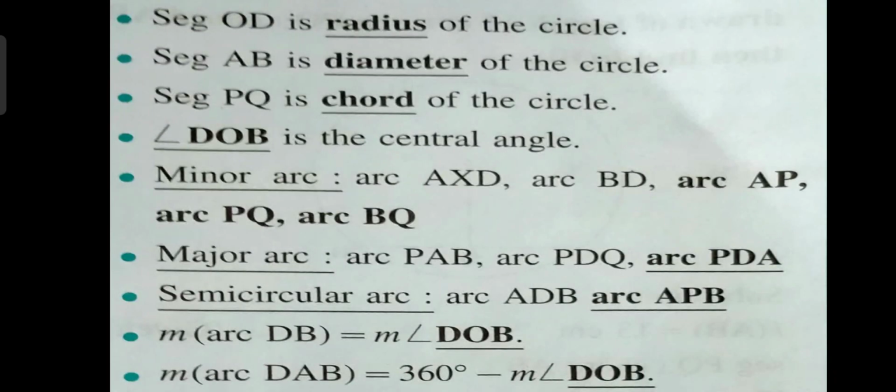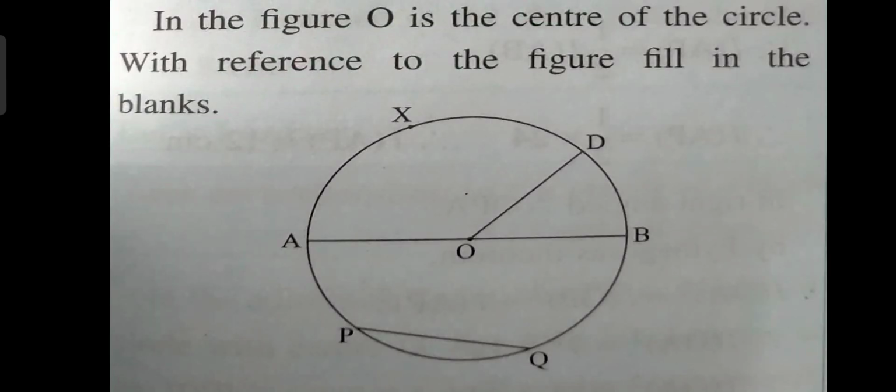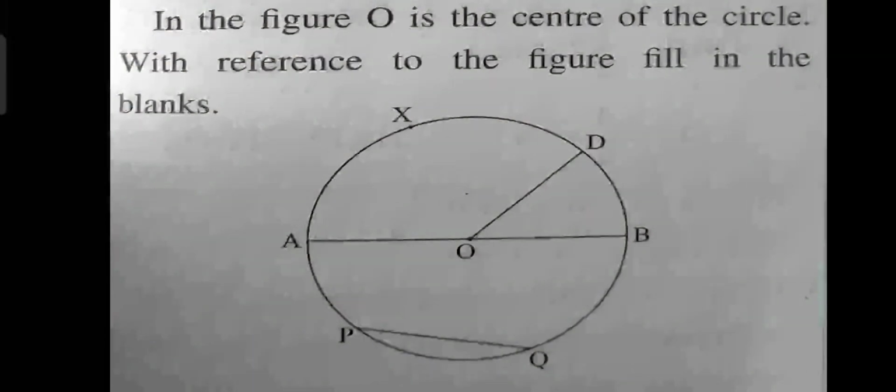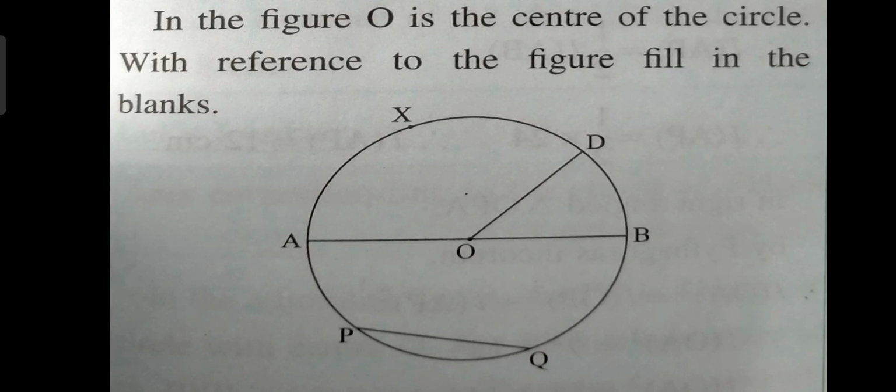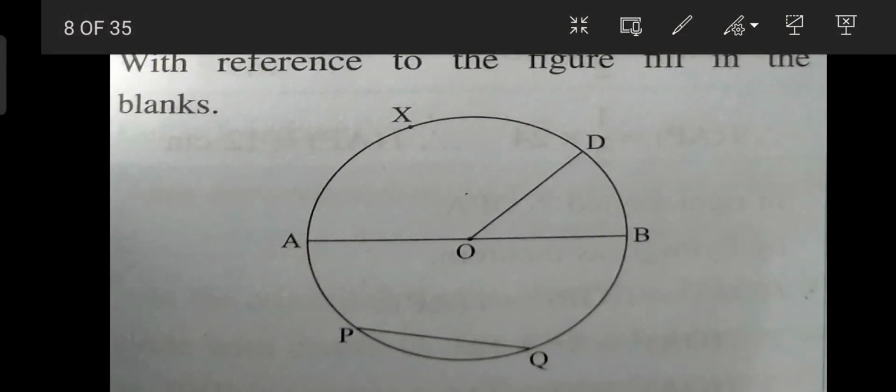Which are the major arcs? The major arcs which have already been mentioned are PAD, PAB, so it is forming a bigger arc. Then arc PDQ, so PD and then coming to Q. Here you can see it is a big one.